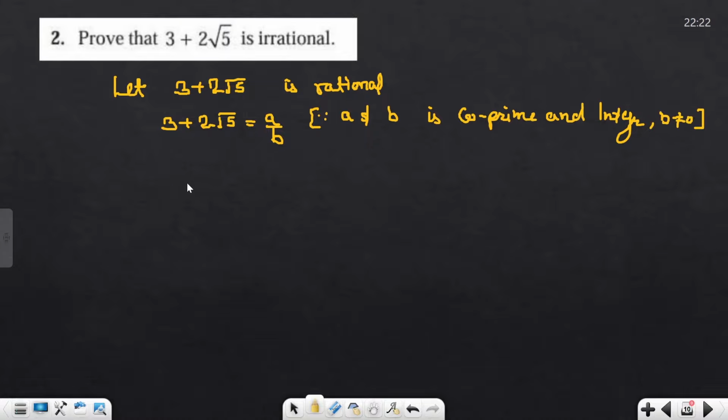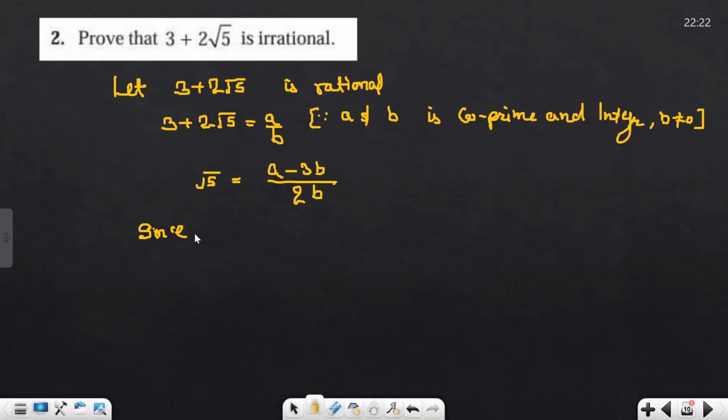Okay, now isolate root 5. Root 5 is equal to a minus 3b divided by 2b; change the side of 2 and multiply. Similarly, as in the last one, you write here: since a and b are integers, a minus 3b divided by 2b will also be rational.